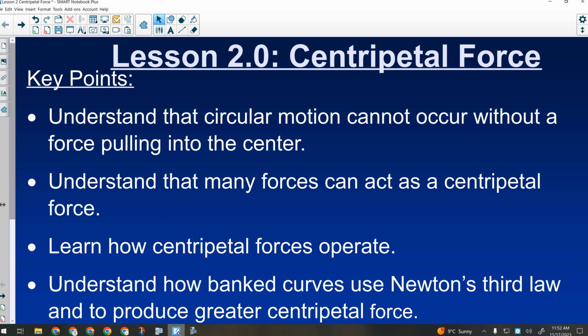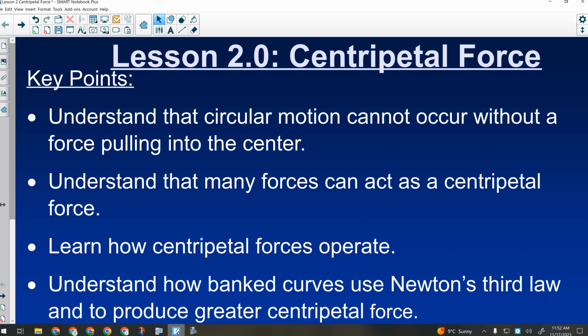When I whirl this thing around, what's keeping it in the circle? What am I holding? The string. The string is what's keeping that in the circle, because I'm not holding the tape, I'm holding the string. There's tension in the string, tension is a force, and in this case, that force is always pulling towards the middle of the circle, and thus this thing accelerates towards the center and moves in a circle.